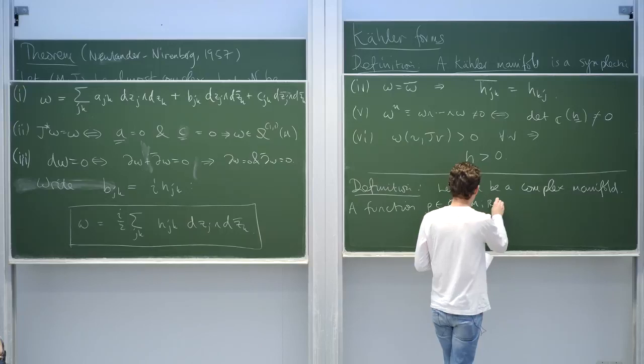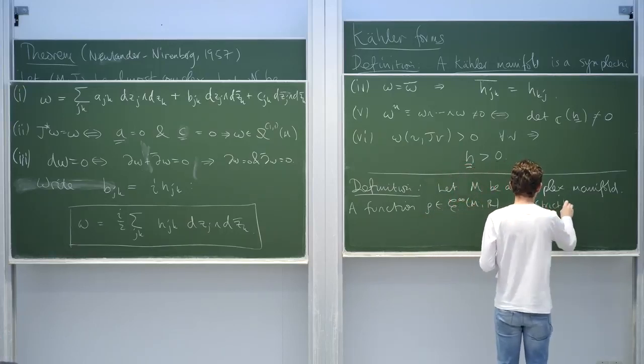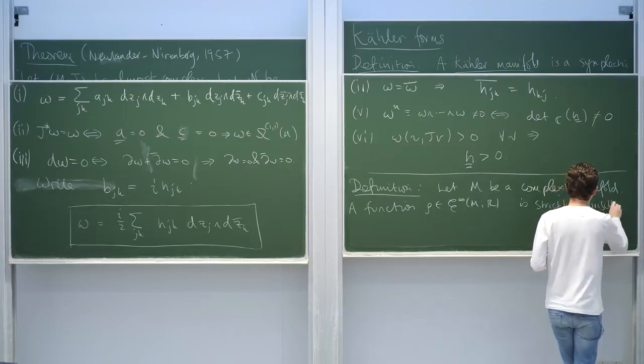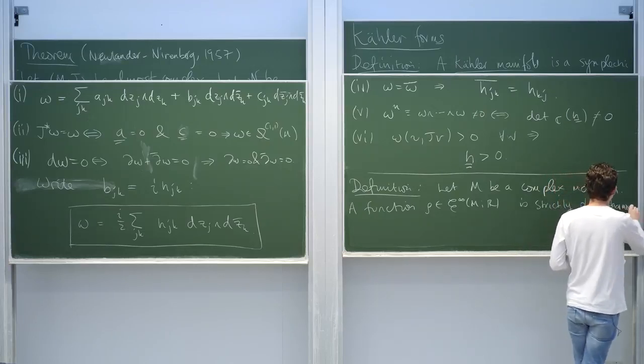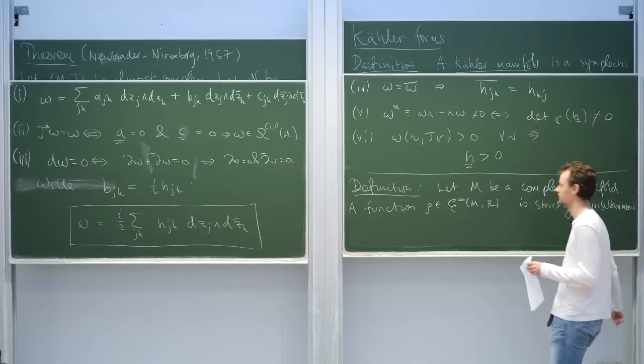If you take a real valued function on your manifold and differentiate it enough times, you'll get something with the right number of components to give you a Kähler form.